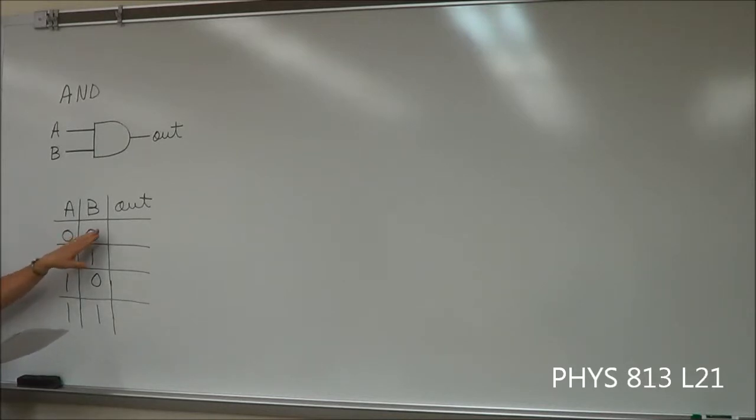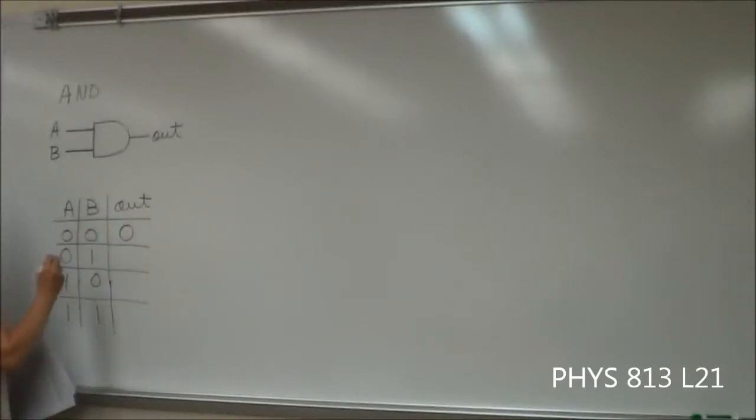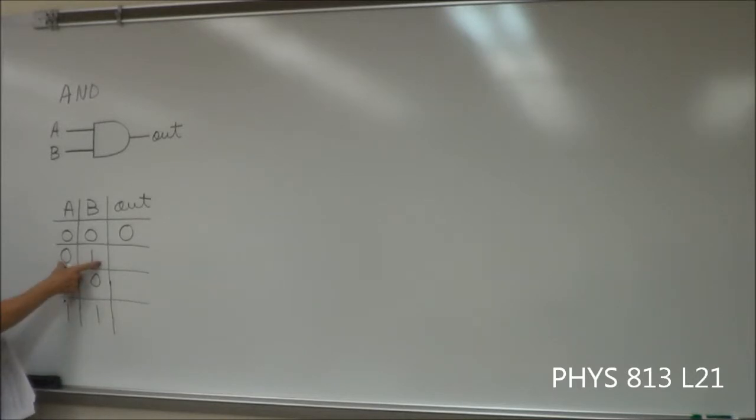So 0 and 0 will still give you 0. You still don't have anything. Now, for 0 and 1, well, you need both of these to be the same. So if both of these are the same, then you have something. If one of them isn't, then you don't.